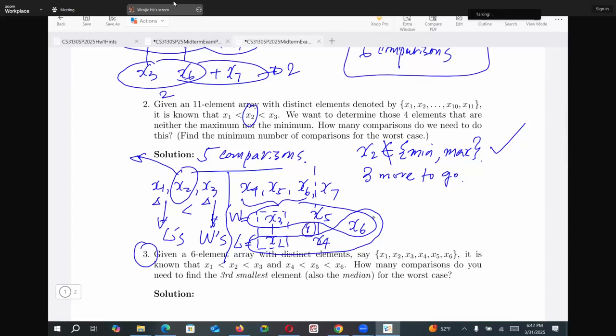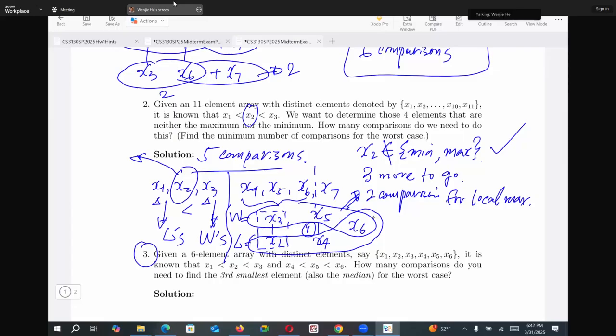Then, the winners group, 3 elements in the winners group. To find the maximum, we need 2 comparisons, right? 2 comparisons for local max. Here I call it local max because it's not a global max.